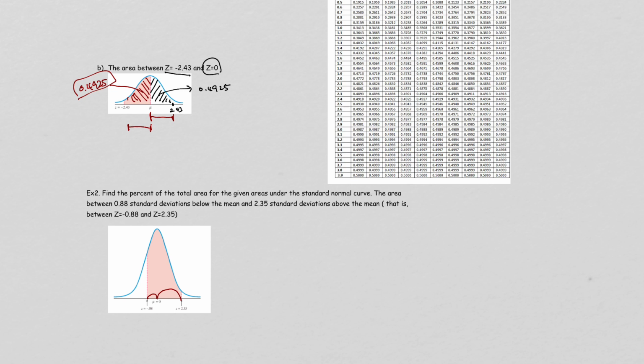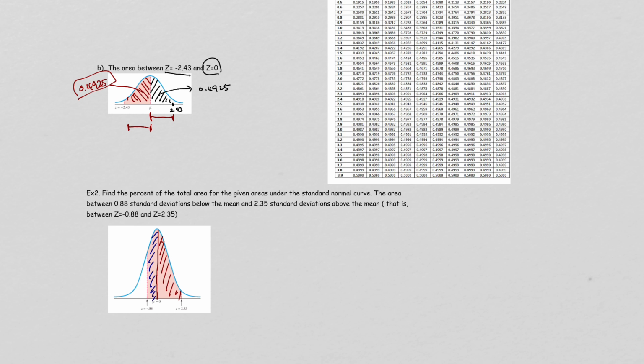Again, I'm talking about area, so let me erase that. Since the table only gives from mean to the points, you want to find this area first, and then find this area and add them up, right?